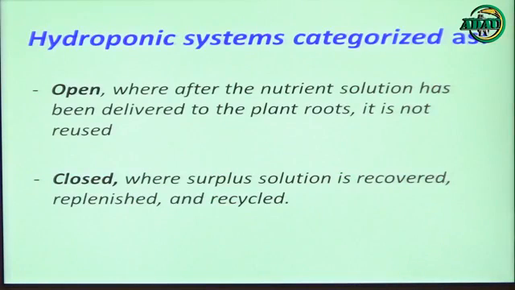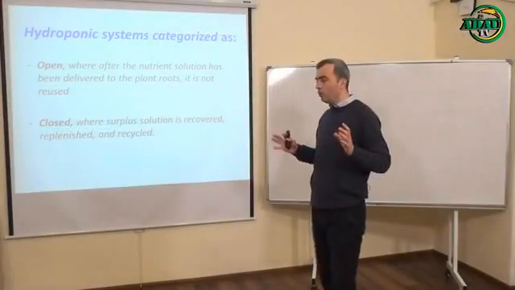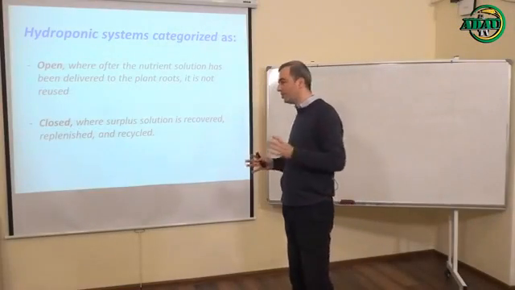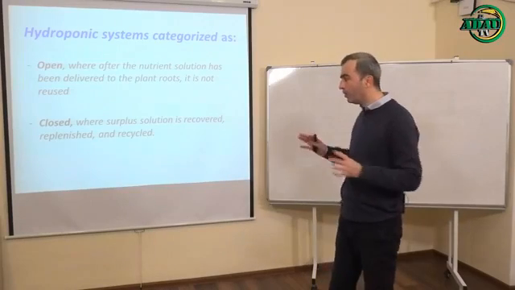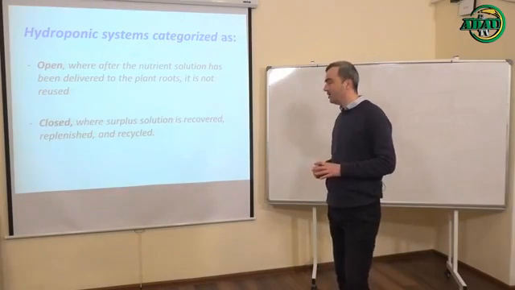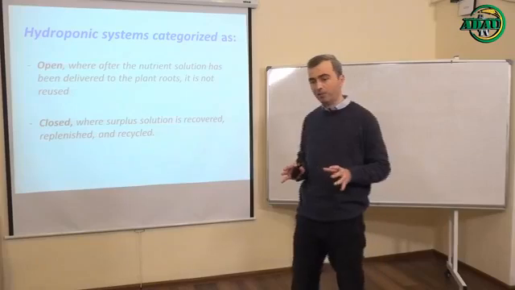So before going into the details of hydroponics, now that we have finished with the history of hydroponics, I would like to tell you about the structure and construction of hydroponic systems. All world-known hydroponic systems are divided into two main groups. One of them is an open hydroponic system, and the second is a closed hydroponic system.